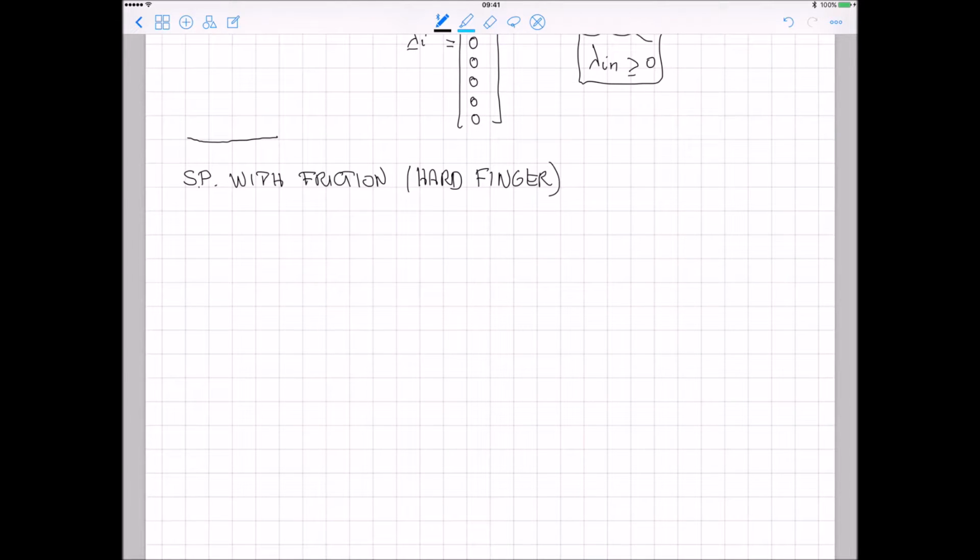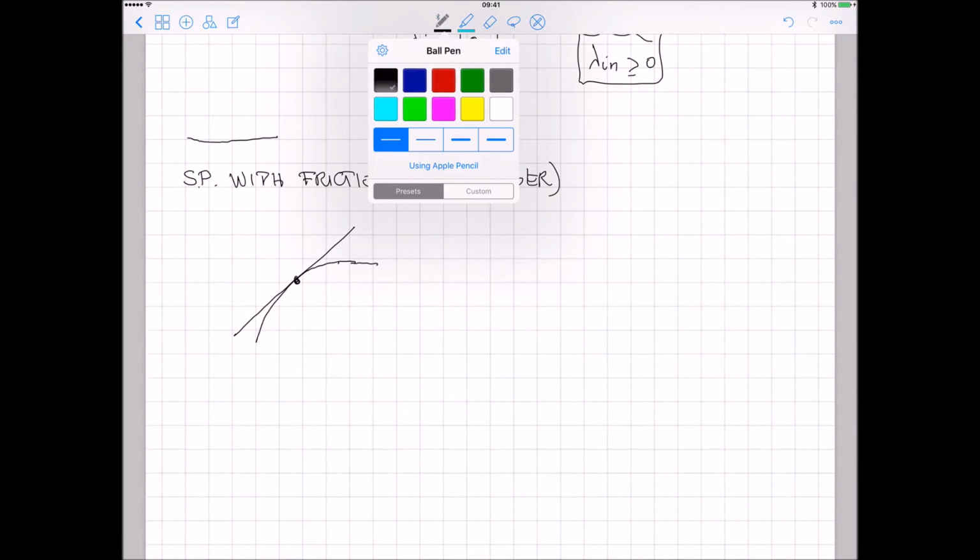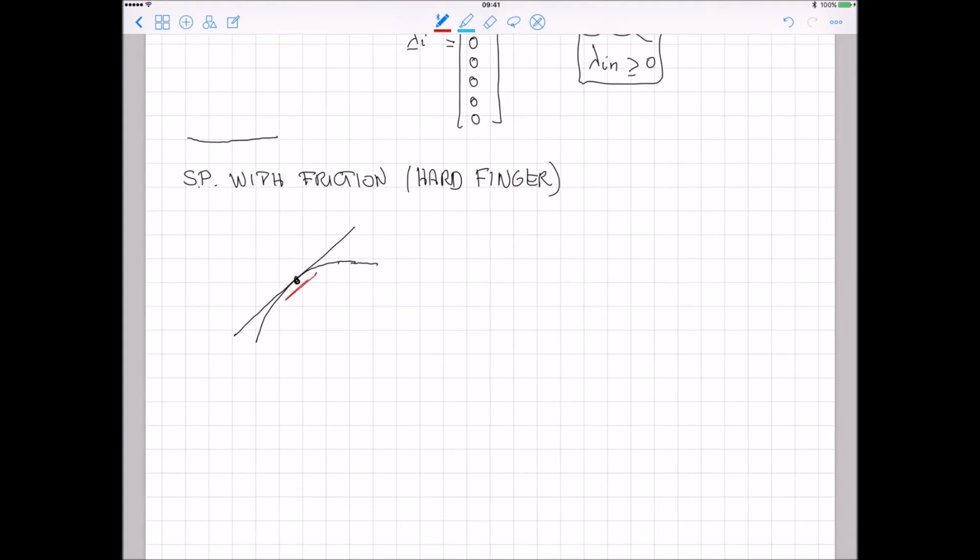The hard finger model, so again let's consider a finger surface, object surface, the contact here, and in this case there is friction, so also the translation in the tangential direction is constrained by the friction.